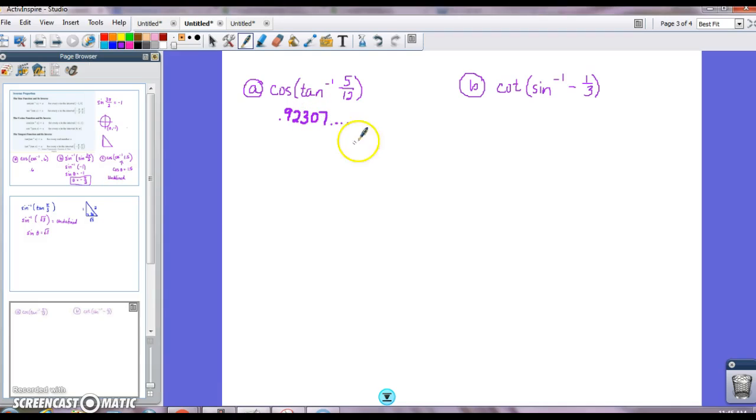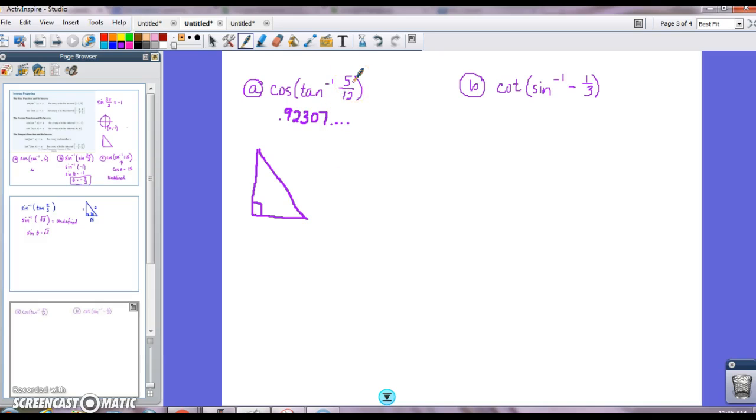Okay. However, if I ask you for the exact value, you're going to have to do a little bit more work. Basically, you're going to have to use right triangle trig to figure this out. What I mean by that is this. If you draw the problem out, here's your right triangle. It's my badly drawn right triangle.